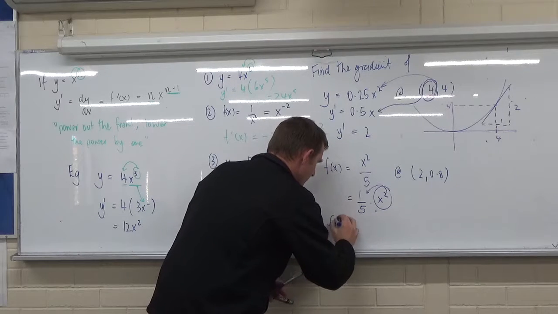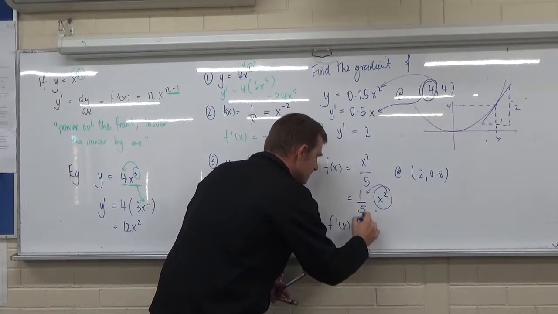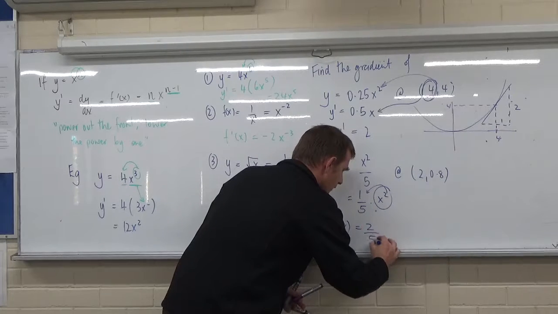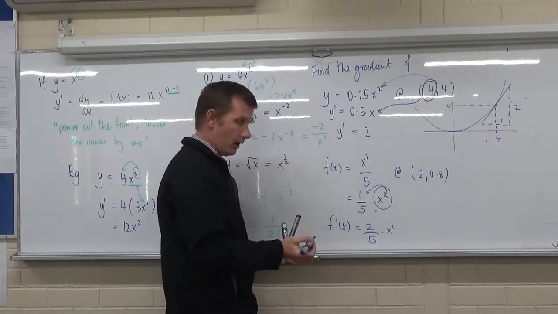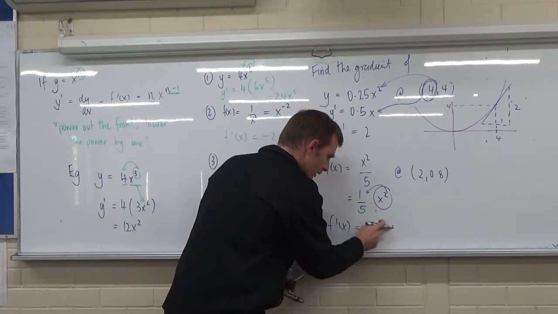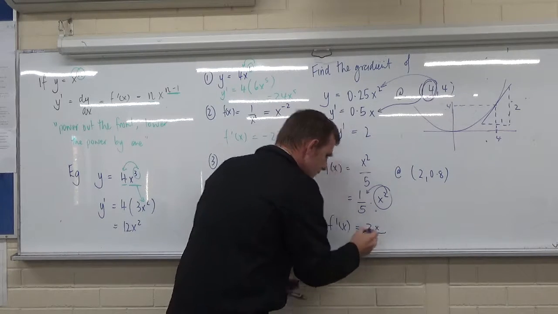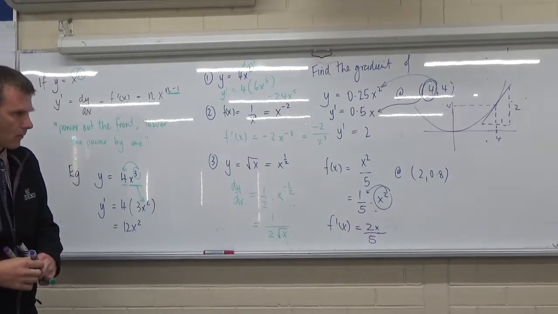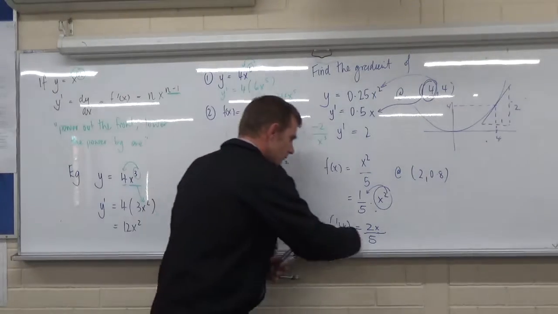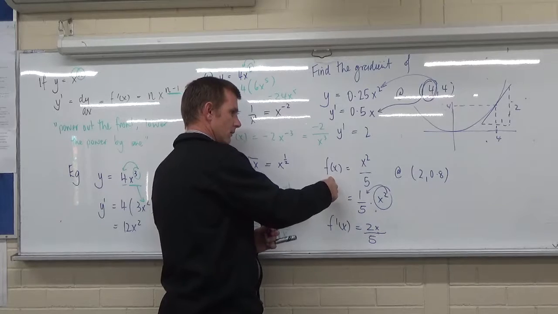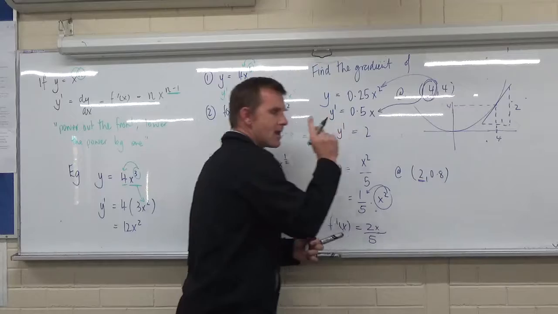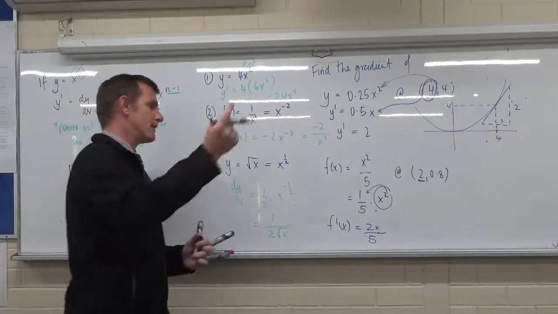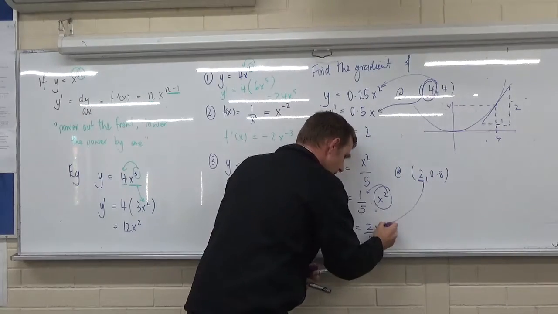So differentiating this, power out the front, lower the power by 1. When I do f dash of x, this is going to become 2 over 5 times x to the 1, if you like, but I'm just going to write that all together as 2x over 5. Okay, so that's my derivative of this one here. Now, similar step to up here. Take the x value and put the x value into the function.